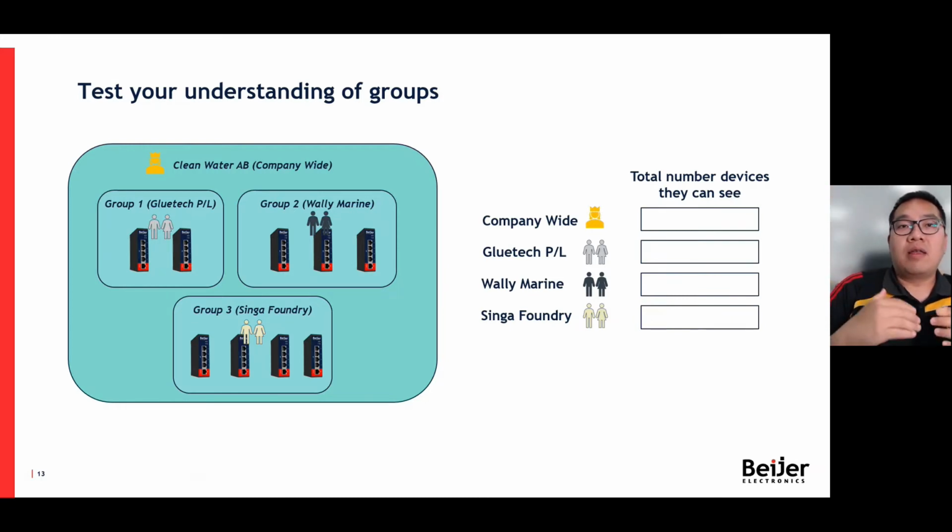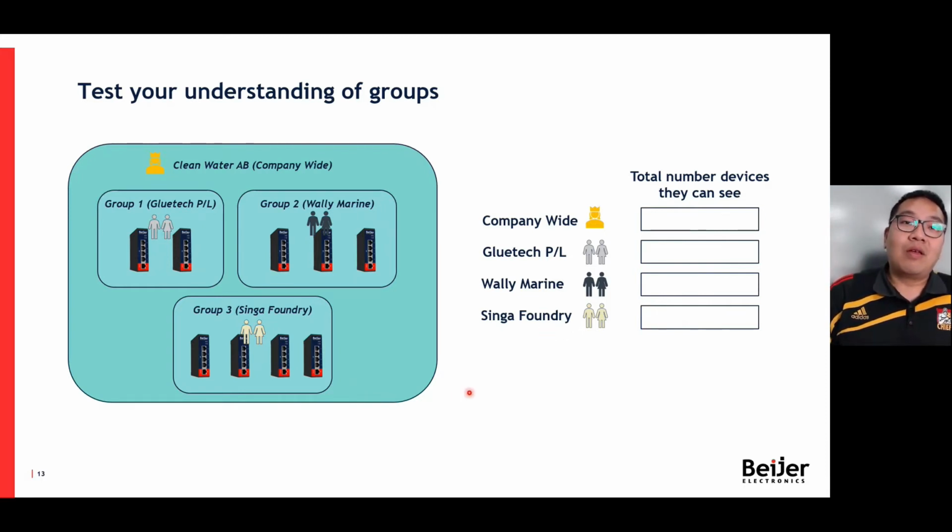So if you look into that hierarchy, the company-wide role, which is usually the platform administrator, the person who owns the rights, will have access to the whole company. That means it can access all the devices within the whole company. So in this example, maybe it's a good time for you to pause and write down on a piece of paper how many devices each group can access.